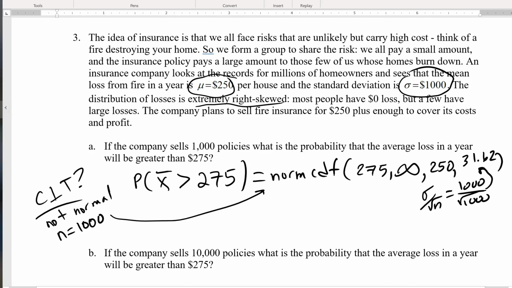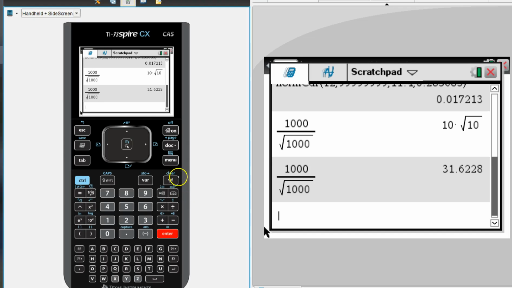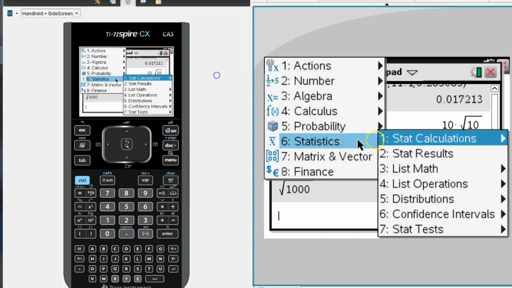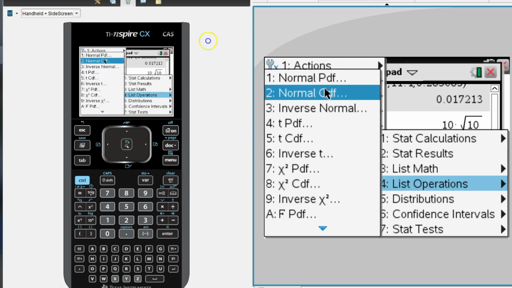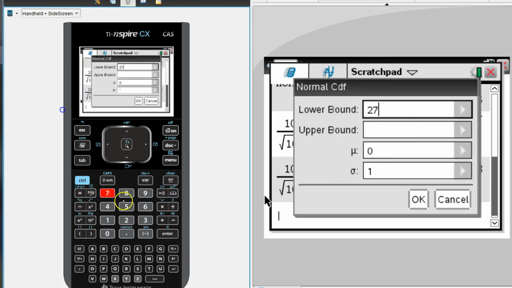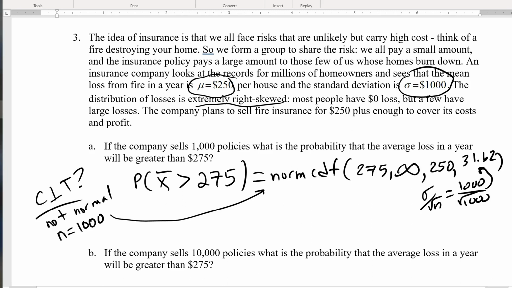So what we're going to do is find this probability, okay? So norm CDF, we said 275 to Beverly Hills prices of homes. The mean, we said was, make sure I'm doing this right, 250.